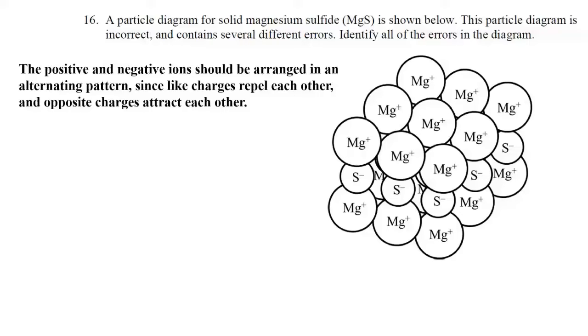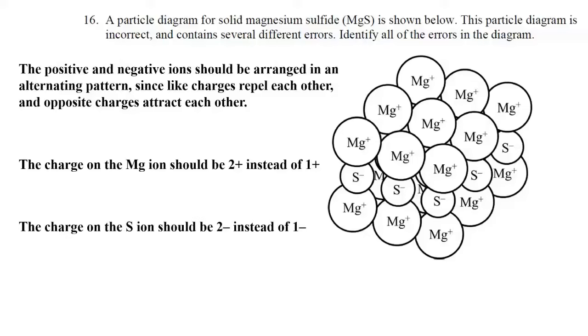Another change that we can make to fix this diagram is, if you look on the periodic table, you find that magnesium is in group 2, so the charge on magnesium should be 2+ instead of 1+. And then oxygen and sulfur are in the same family. Oxygen and sulfur have a charge of 2-, so the charge on the sulfide ion should be 2- instead of 1-.